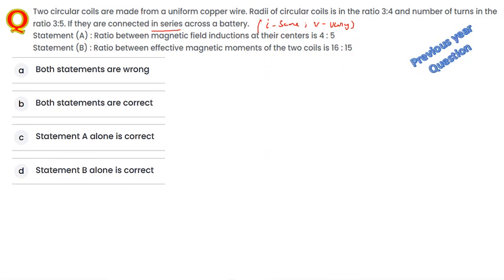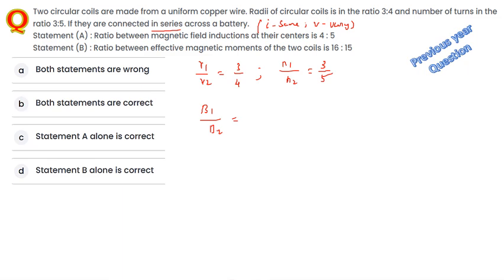The first thing we are going to find out is the ratio between B1 and B2. Before going to that, we mention R1 divided by R2, which they have given as 3 by 4, and another data they have given, n1 divided by n2, is 3 by 5. What they are asking first is B1 divided by B2.